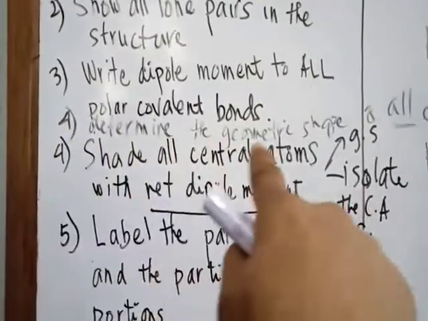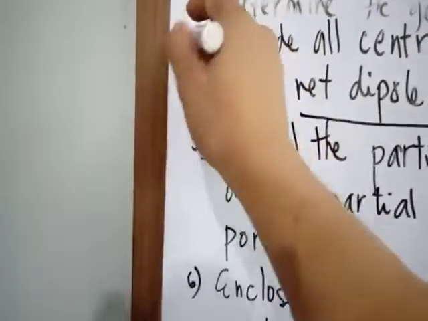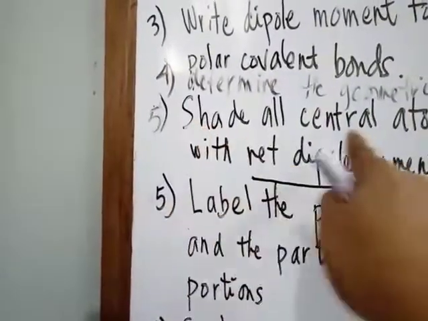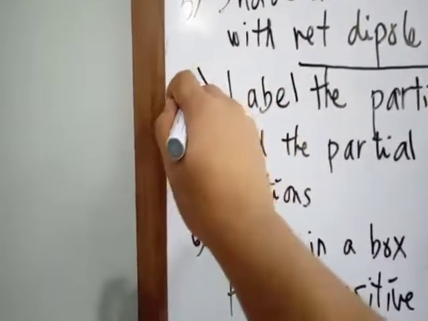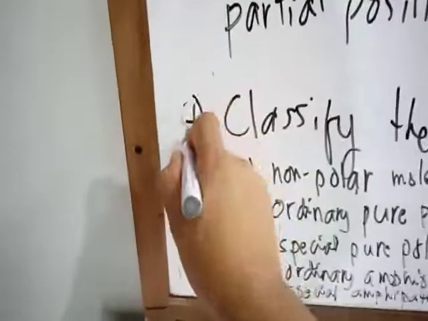So you determine the geometric shape of all central atoms before number 5. This is now number 5. Before shading, this is now number 6. This is number 7. And the last one is number 8.